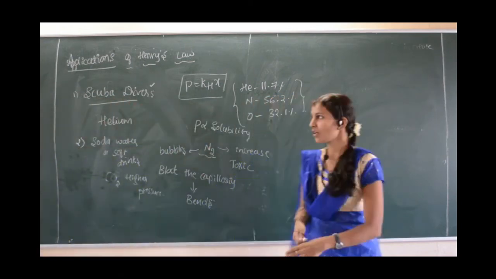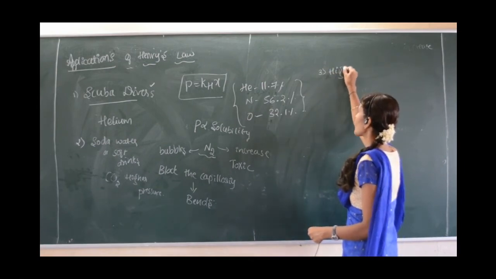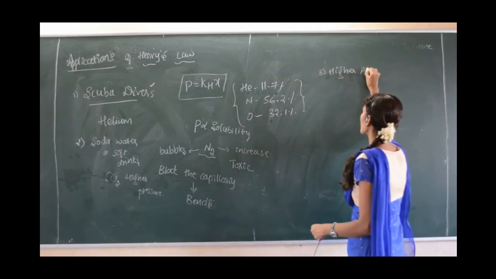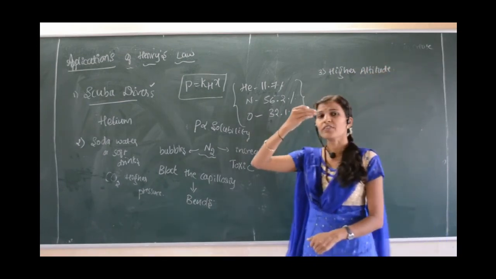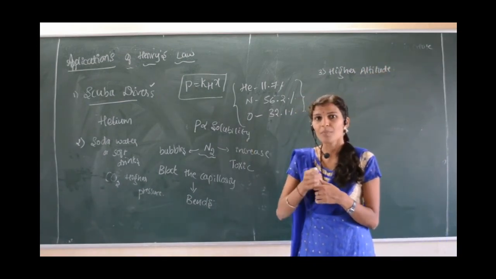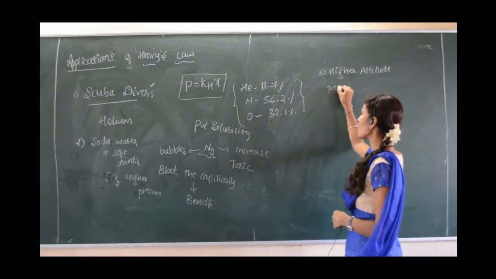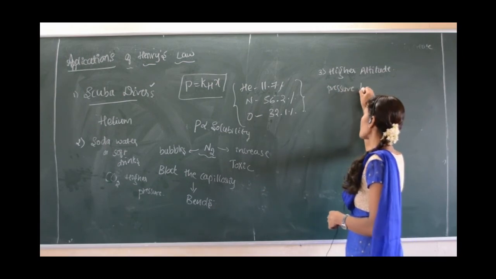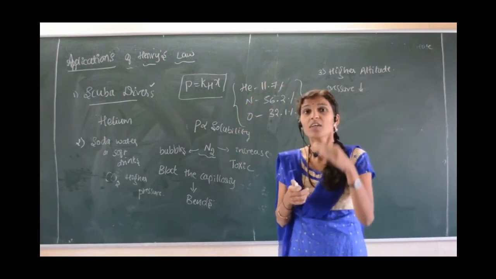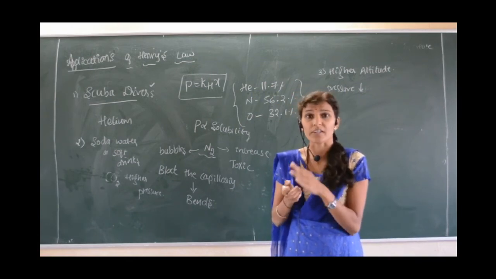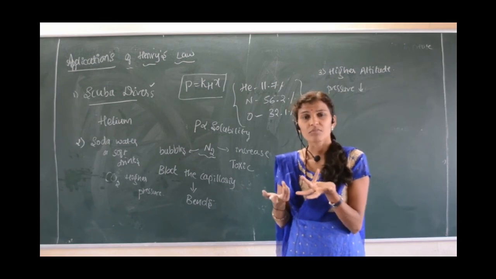And the third example is the higher altitude. When we move towards the higher altitude, what happens? The pressure decreases. When we go upward, to a higher altitude, the pressure decreases. As the pressure decreases, the solubility decreases.